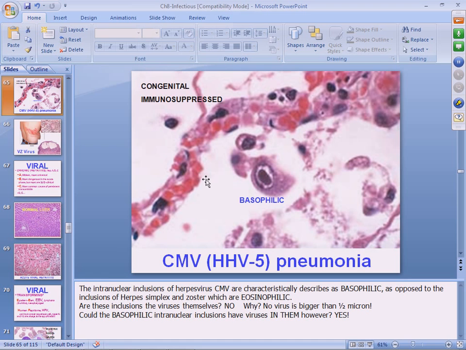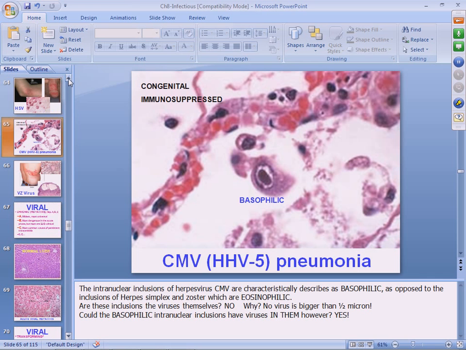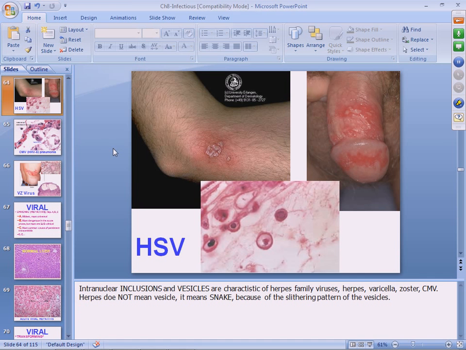Okay, blue takes up the same stain as the nucleus. In the intranuclear inclusions of zoster and HHV simplex, the intranuclear inclusions are red. And that's assuming the stain is done properly, the histotech didn't leave the slide too long in one, and it's a good quality specimen. So, that's something you might want to remember.